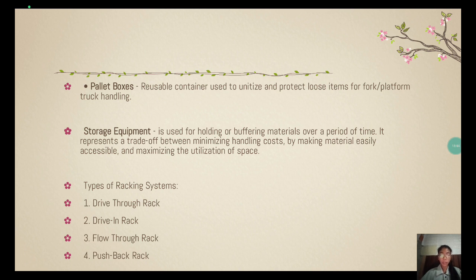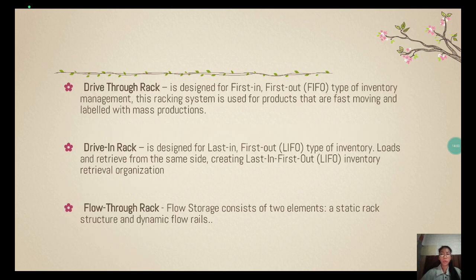Storage equipment is any equipment used for holding or buffering materials over a period of time. Types of racking system. Number one is drive-through rack. Drive-through racks are differentiated from drive-in systems because they have a separate entry or exit point.